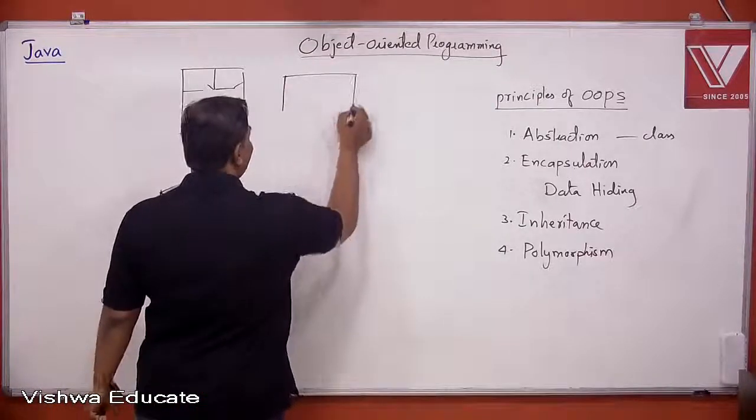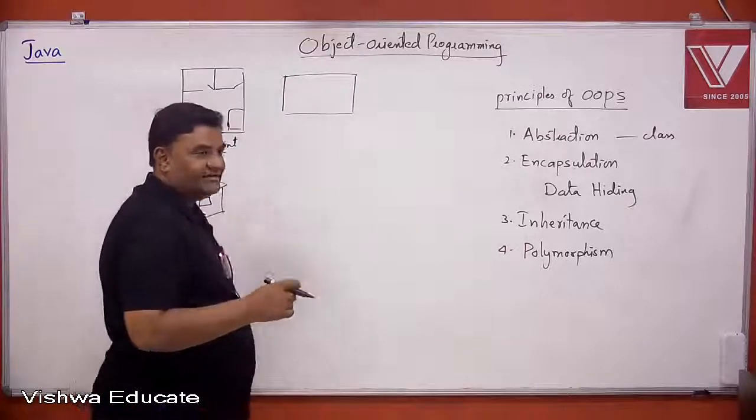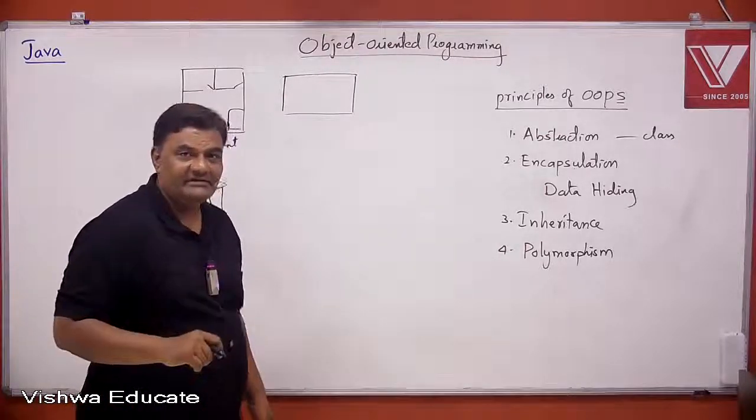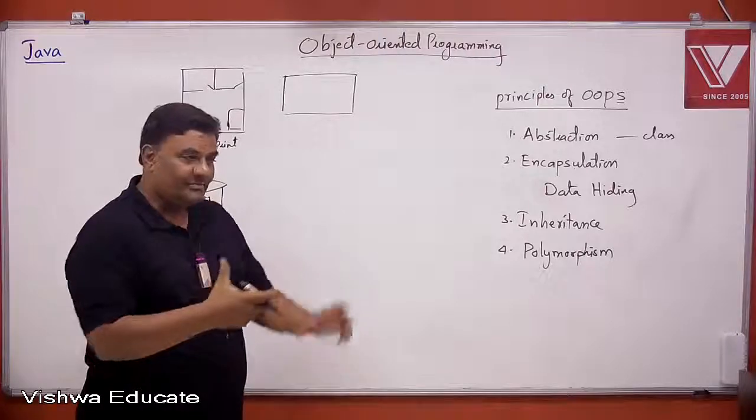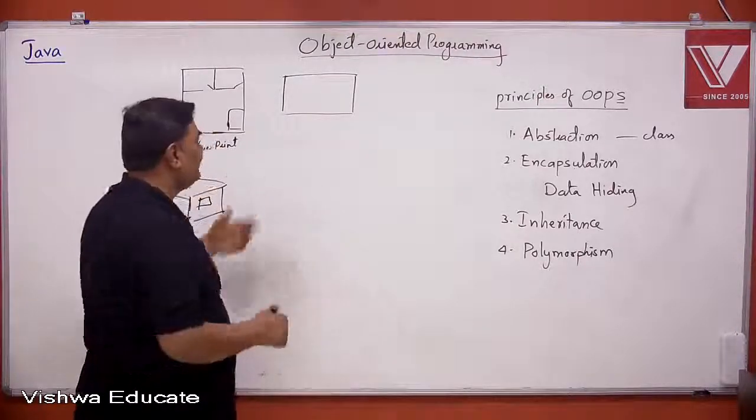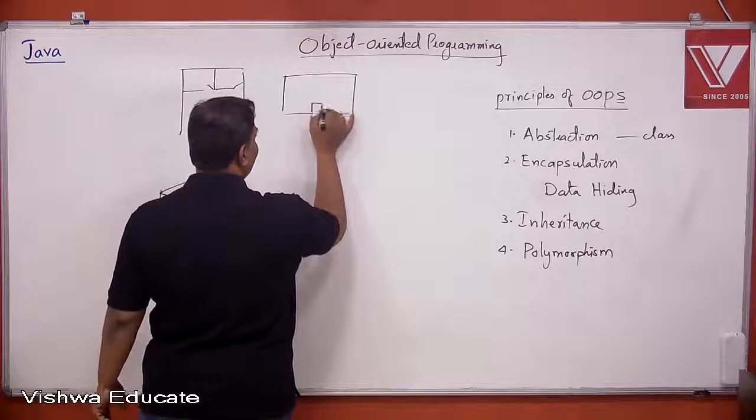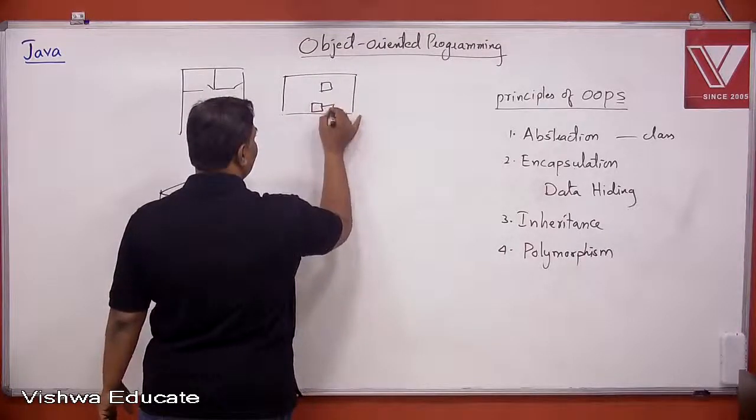An electronic engineer, suppose he is making a device, say a fingerprint scanner or a barcode scanner. So he will make a circuit design first. Imagine that this is a circuit design.